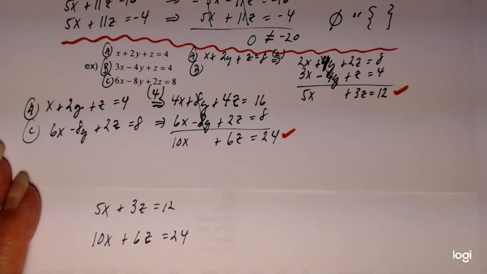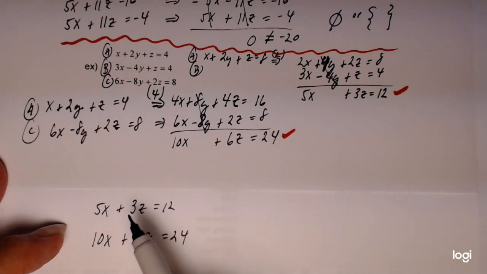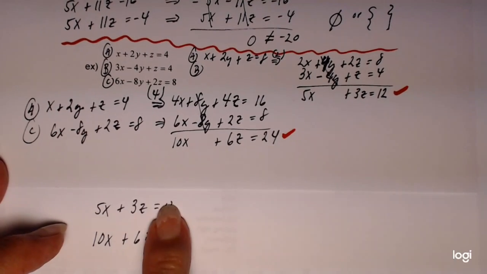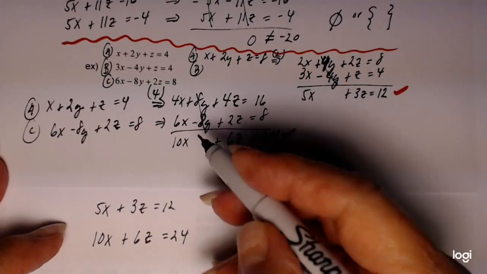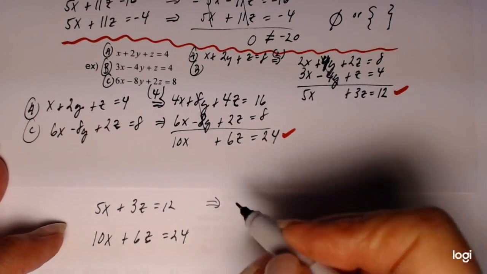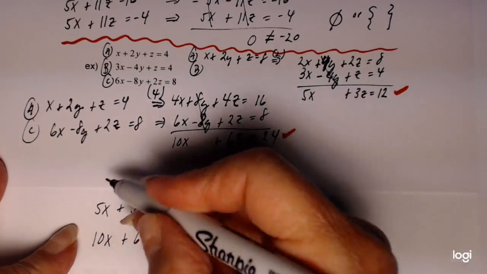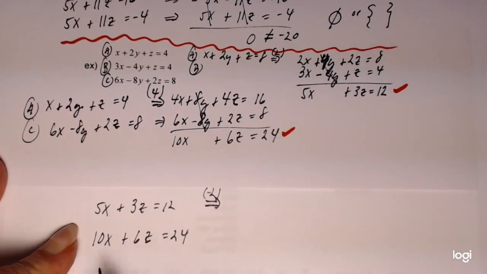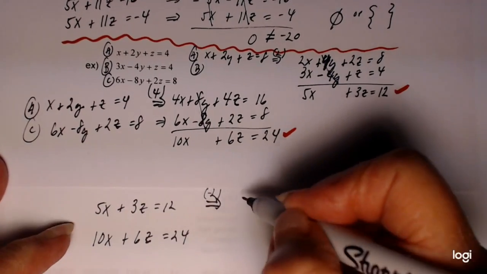Some of you might be noticing something here. I'll wait to talk about it. Which variable do we want to eliminate? Let's say x's. Some of you might see this equation here is just this top one doubled, so maybe everything will cancel, but let's take a look. To eliminate x, I'm going to multiply by negative 2, because I want to change positive 5 into a negative 10 so the x's cancel.